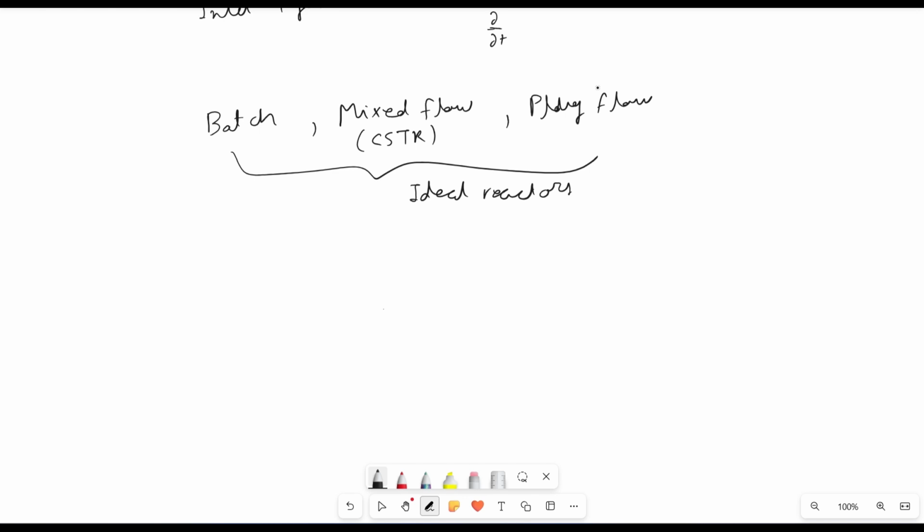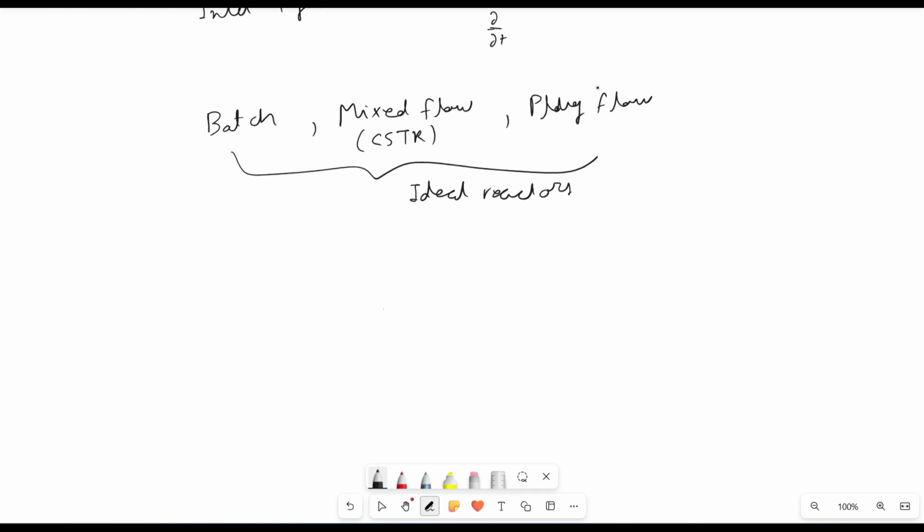Ideal reactors means in reality or in industry, there is no reactor which will be perfectly batch or perfectly mixed or perfectly plug flow. For dealing with non-idealities, there are certain concepts like residence time distribution or RTD or some models.